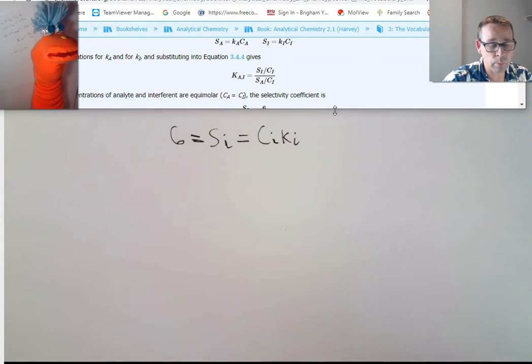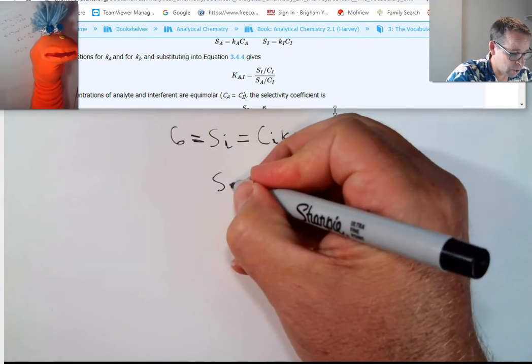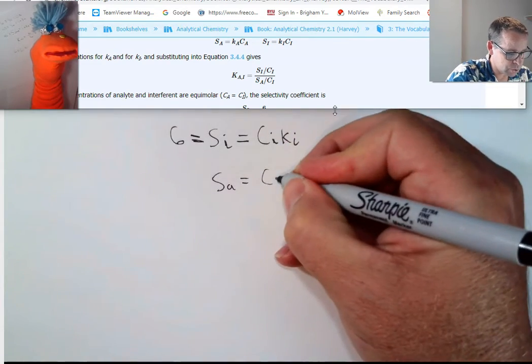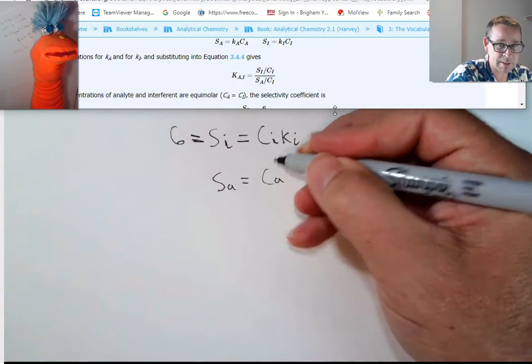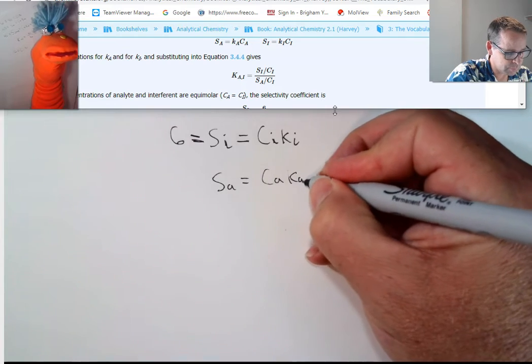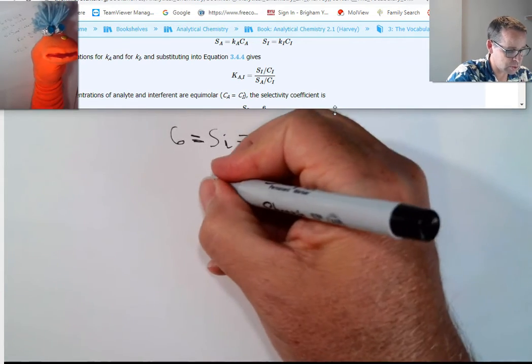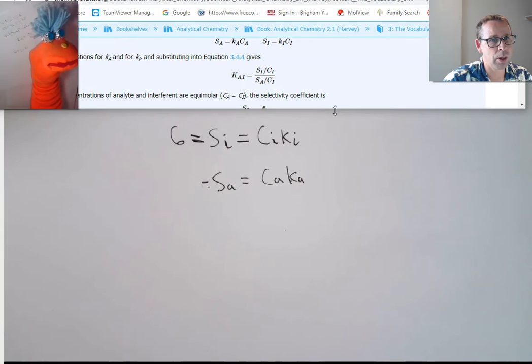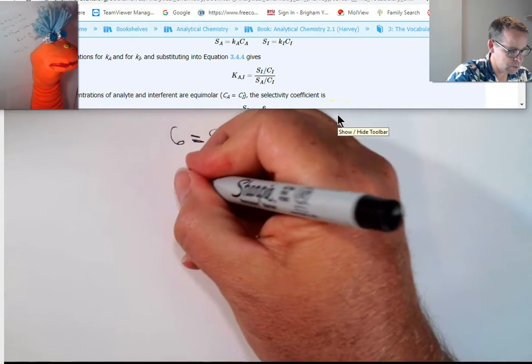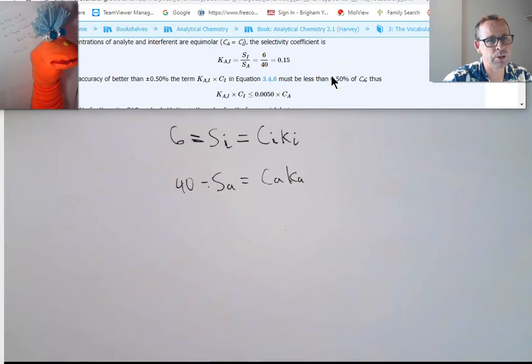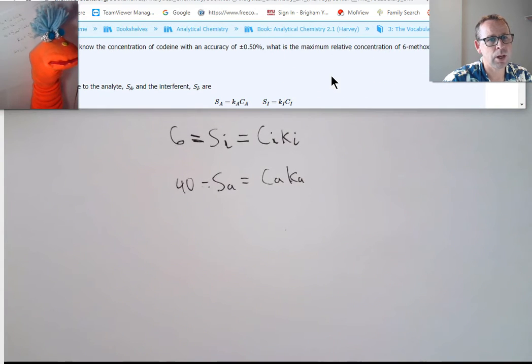Well, we know that the signal for our analyte, the concentration of the analyte, which is the same as that concentration there, times the proportionality constant for the analyte. Do you remember what this one was? That was 40, right? Yeah, that's 40. So let me bring up the problem here to make sure that we can see what's going on. This was the information that was provided to us, right?